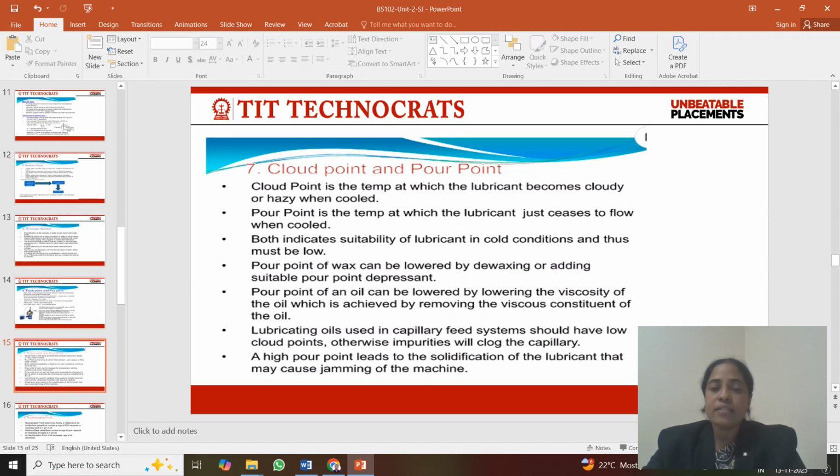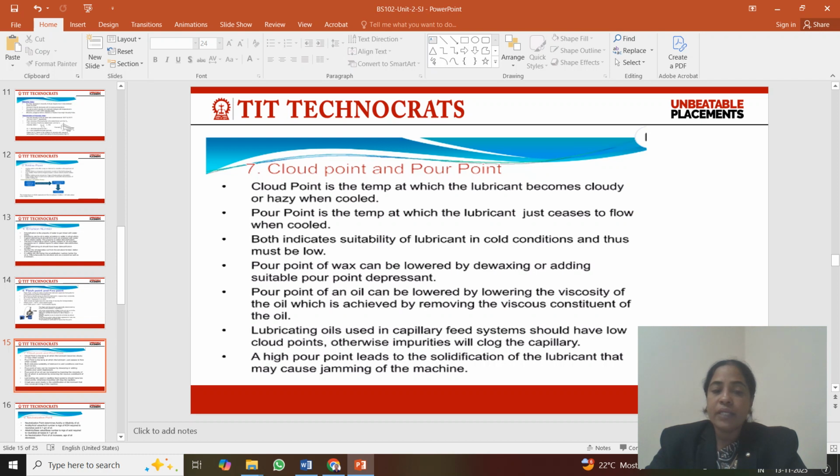And the pour point is the minimum temperature at which the lubricant just ceases to flow, or starts to flow whenever the temperature is raised up to room temperature. Both indicate suitability of lubricant in cold condition and thus must be low.